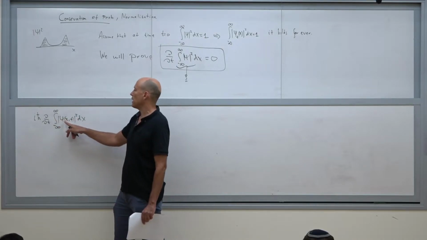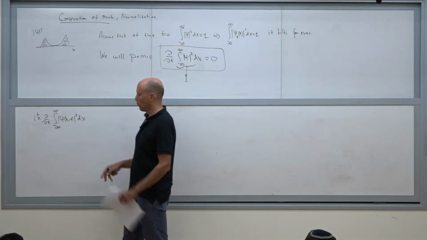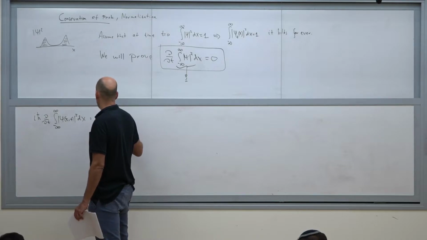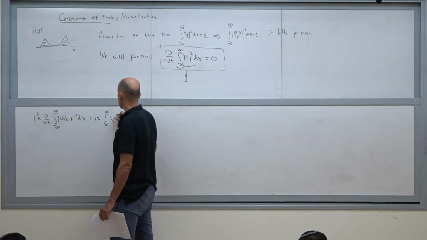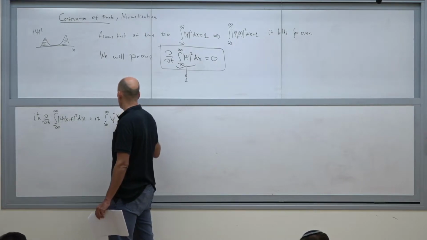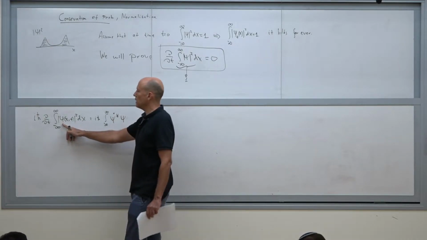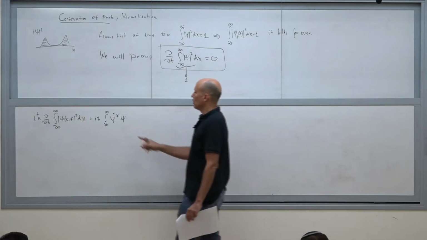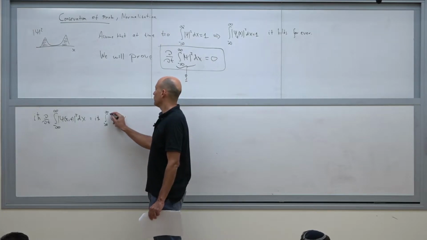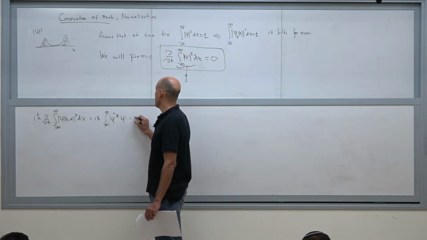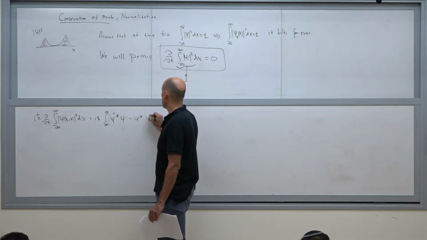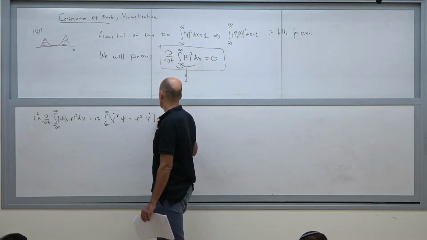No problem here, and then I have the time derivative of what we have in here. So this is iħ times the integral from minus infinity to infinity of psi star times the derivative of psi, because psi absolute value squared is psi star times psi, plus psi times the derivative of psi star, all this dx.